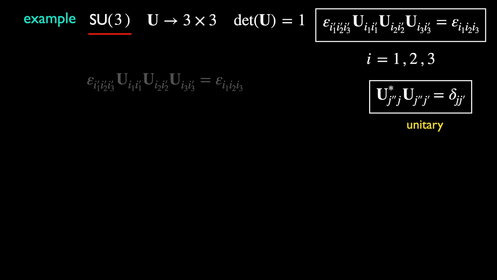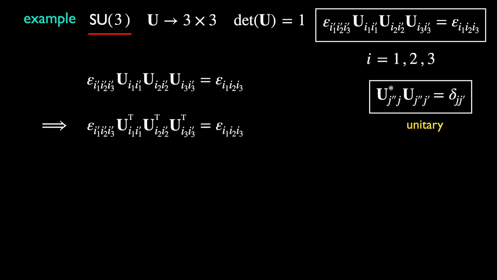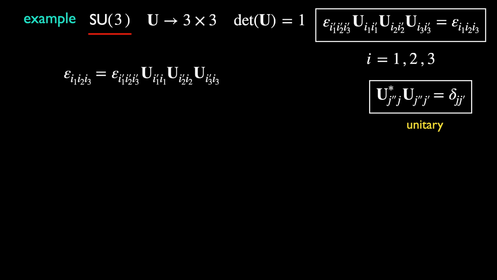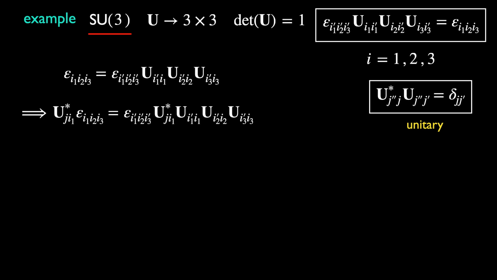Notice that this equation also holds for the transpose of U, since U^T is both unitary and has determinant 1. Now apply U star to the free index i1.